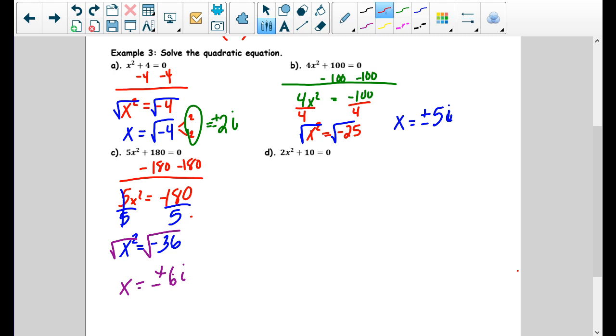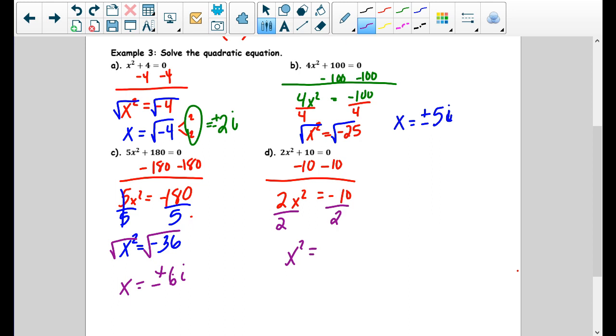And then the last one, letter D. First step is what? 2x squared plus 10 equals 0. What do we do first here in D? Subtract 10 gives me 2x squared equals negative 10, and then divide by 2.